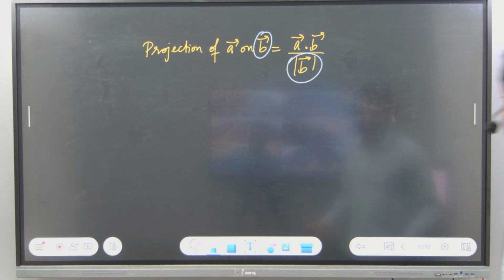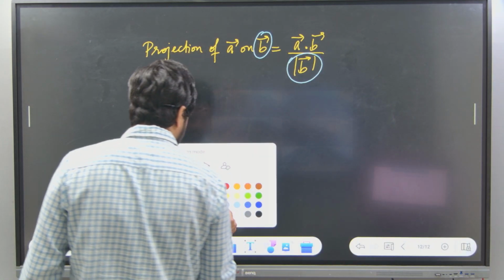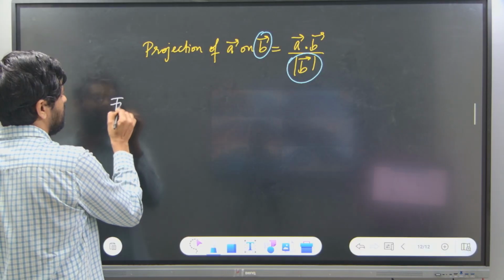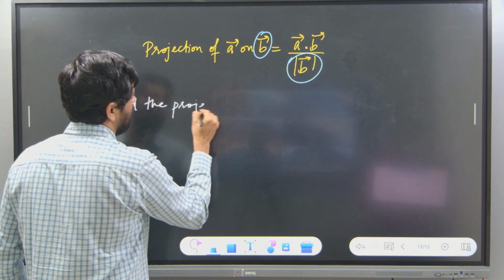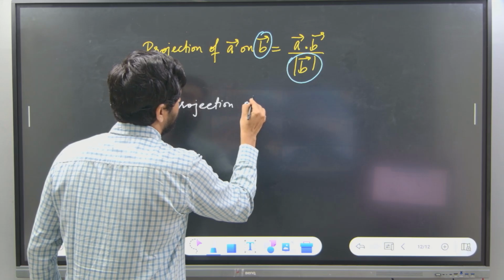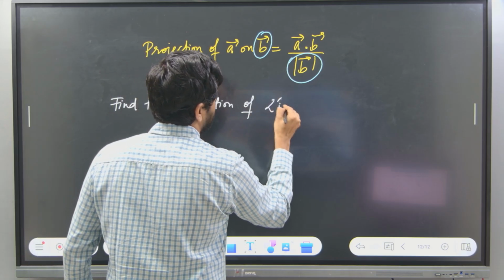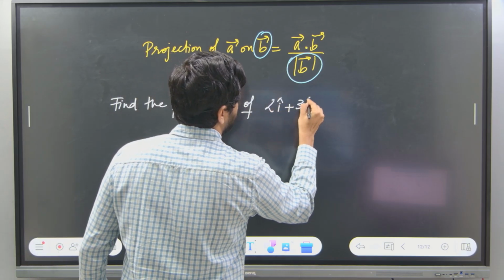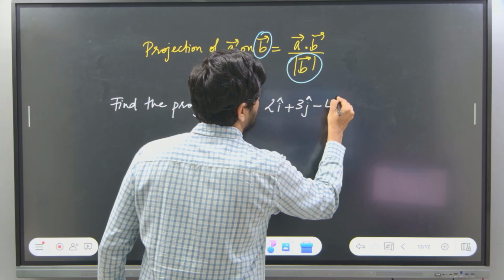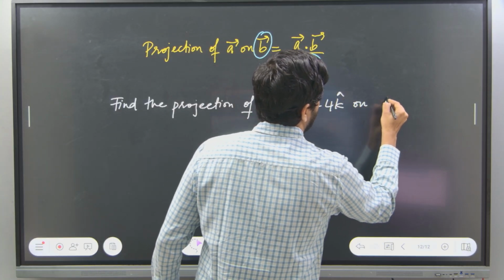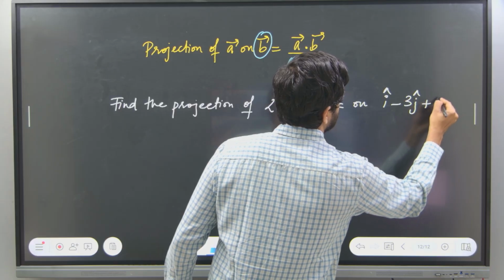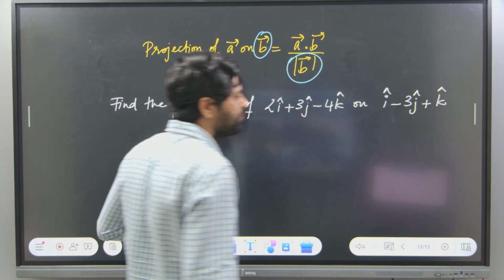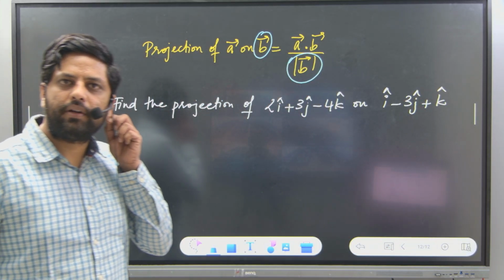Find out the projection of 2i cap plus 3j cap minus 4k cap on i cap minus 3j cap plus k cap. Can you solve it?